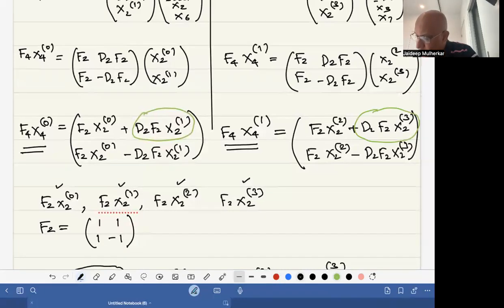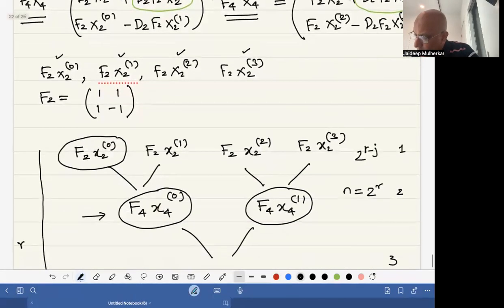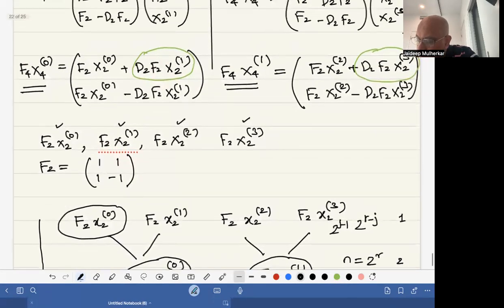So how many multiplications are there? At level j, there are 2 to the j minus 1 multiplications. For example, at this level, since I'm multiplying a 2 cross 2 matrix with a 2 cross 1 vector, there are 2 multiplications, right?